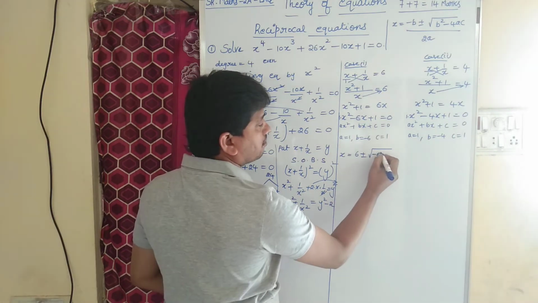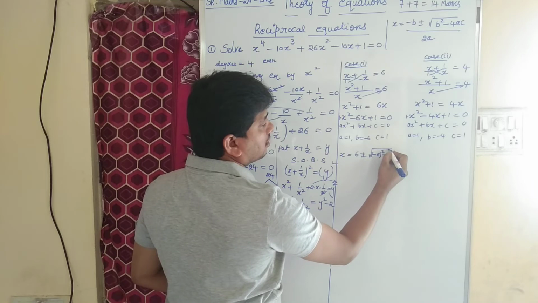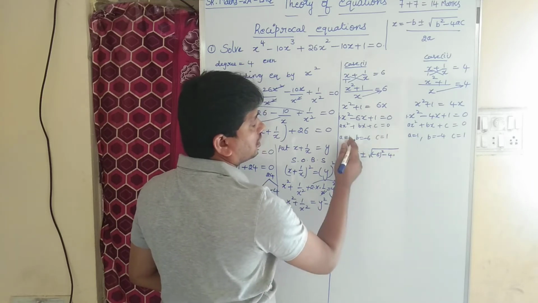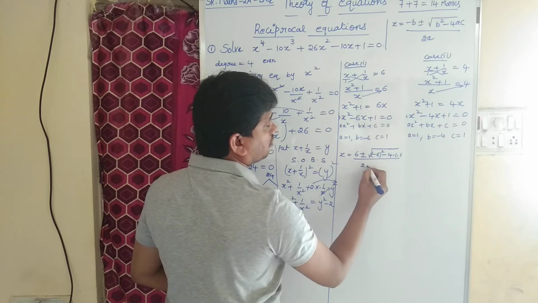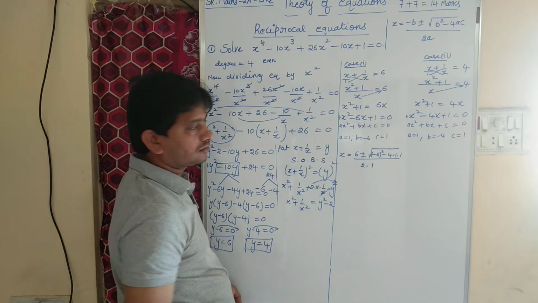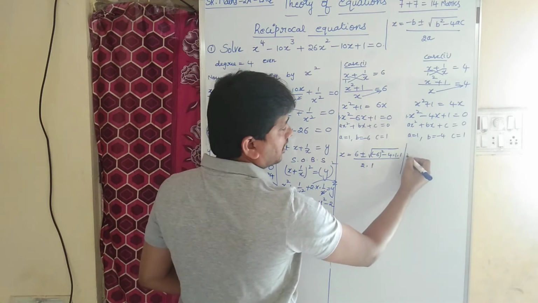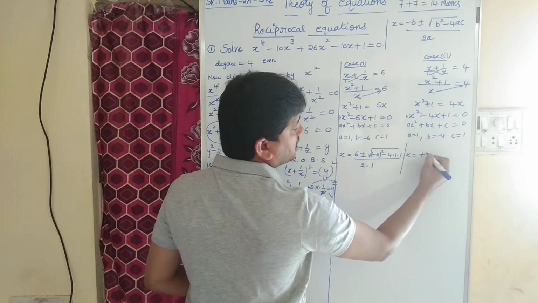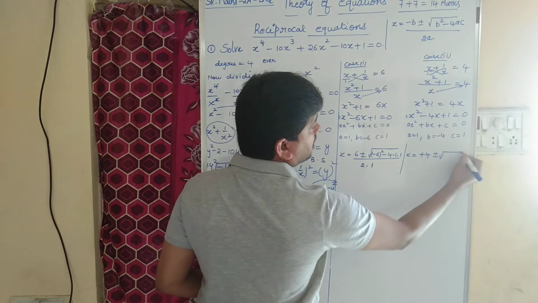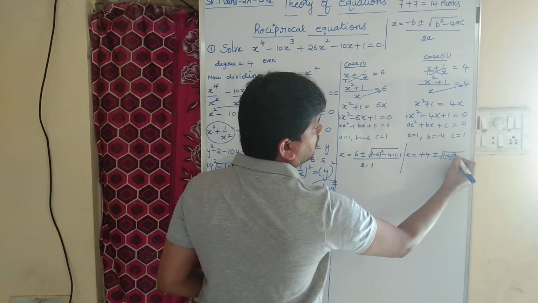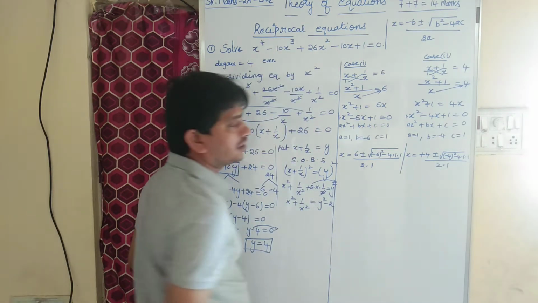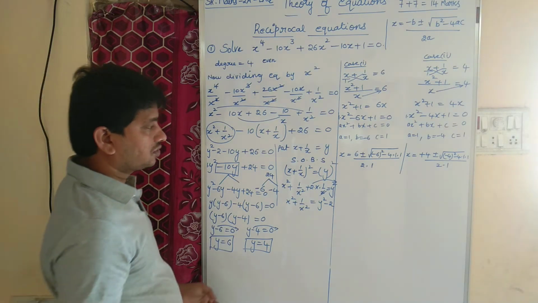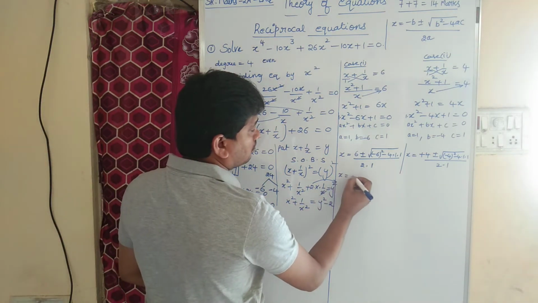B square means minus 6 whole square minus 4 into a value 1, c value 1 divided by 2 into a value 1. Here also, children, x equal to minus b plus or minus root b square minus 4ac by 2a.